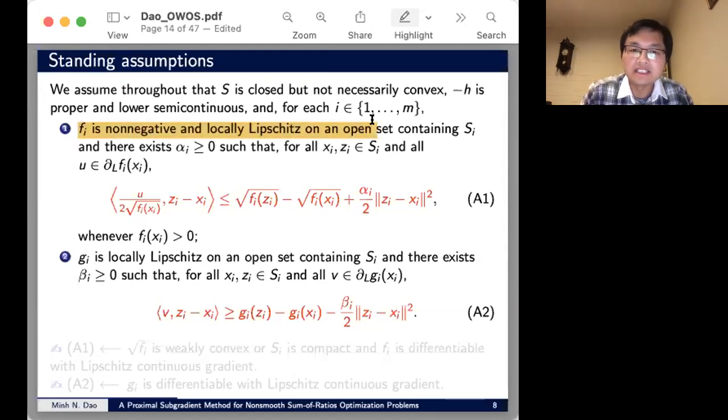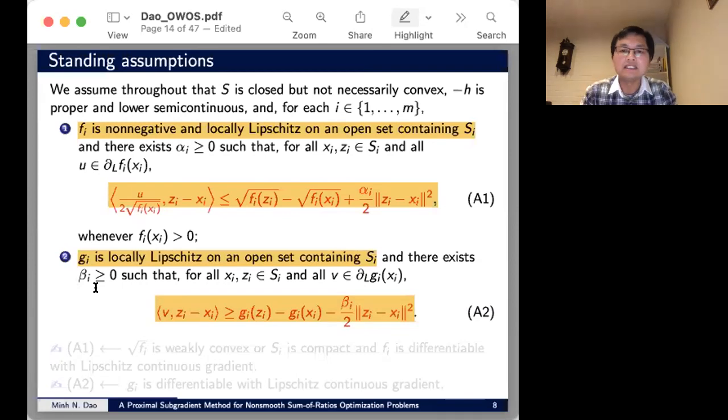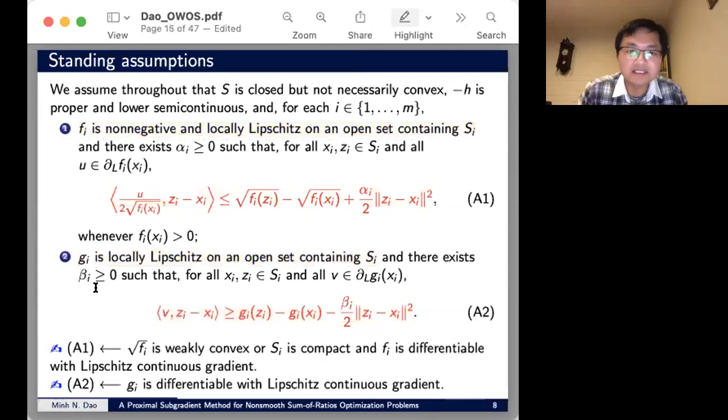is non-negative and locally Lipschitz on an open set containing S, and satisfies this important inequality. Gi is locally Lipschitz on an open set containing S and satisfies this inequality. So we can think that the inequality here is quite complicated, right?